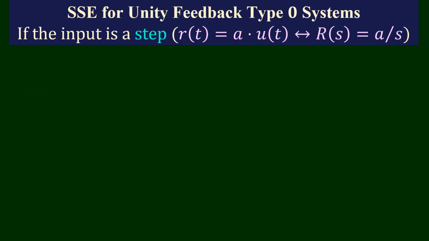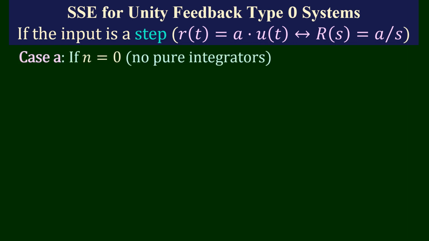So on this slide we will discuss the type 0 system in the unity feedback whenever the input to the system is a step function. The Laplace transform of the step function is A upon s.